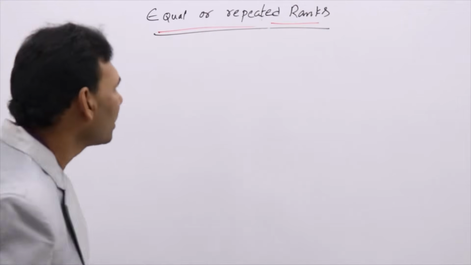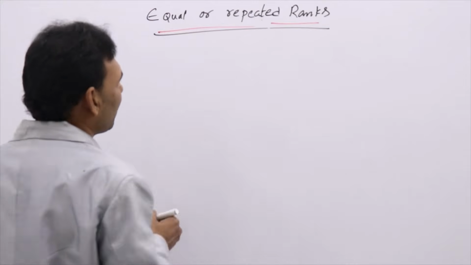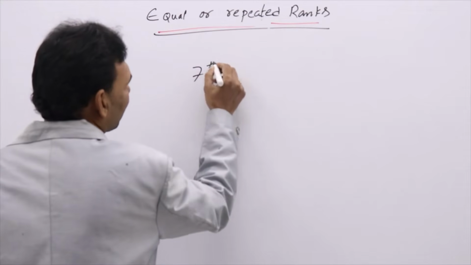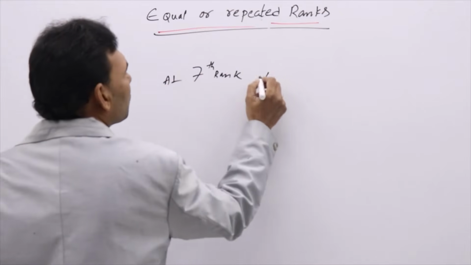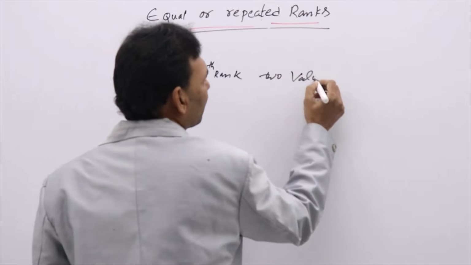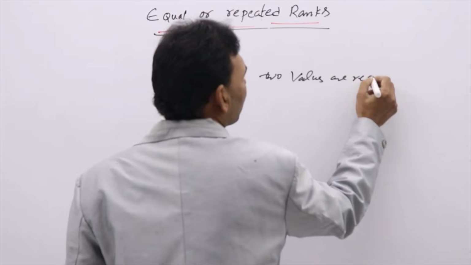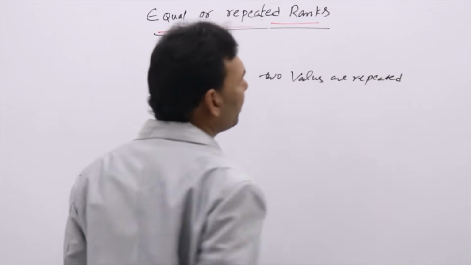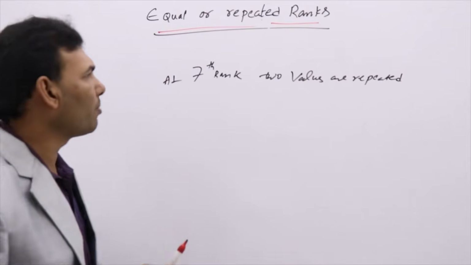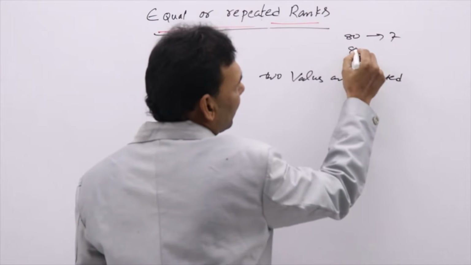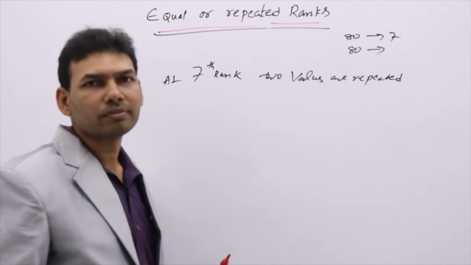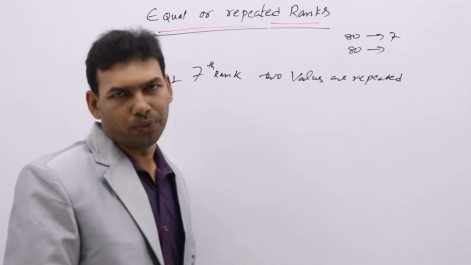What am I saying? For example, at 7th place, you need to give 7th rank. At the 7th rank, two values are repeated. So for those two values, you need to give ranks. For example, for a number 80, you need to give 7th rank. Another 80 is there. Then what do we need to do?